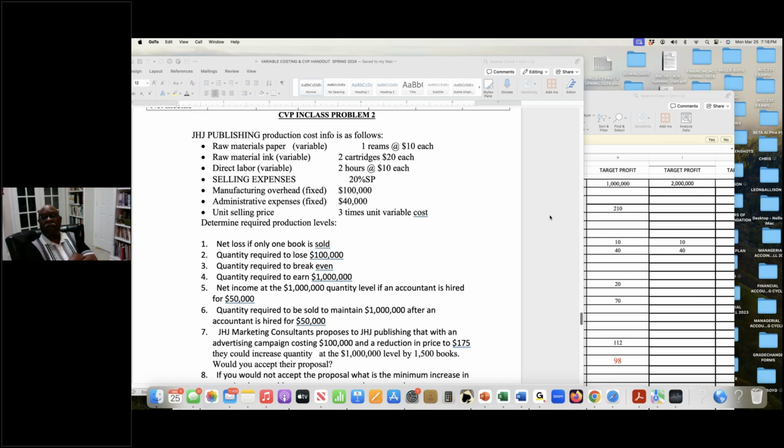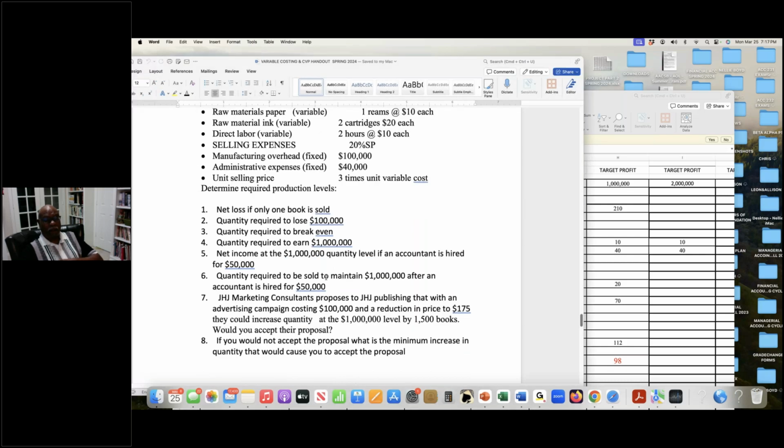And then as we move to the project, every project is going to be different. Everybody's got different numbers. Someone brought up, what if you hired an accountant?